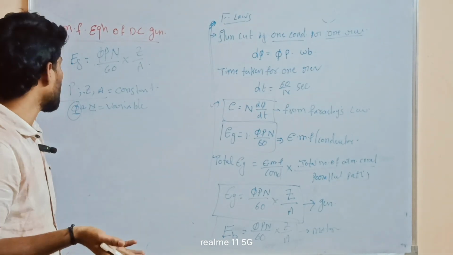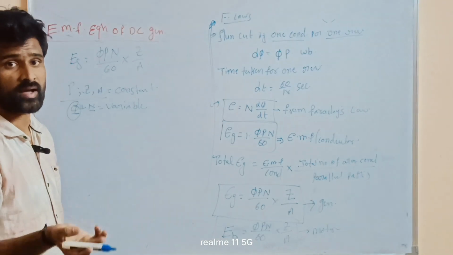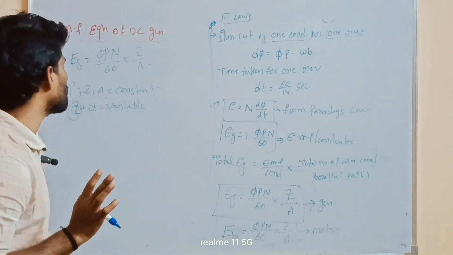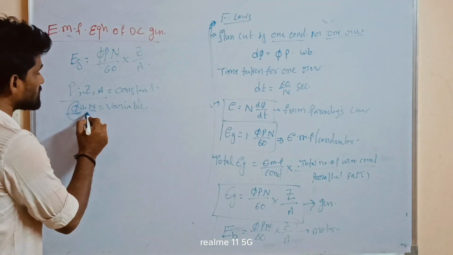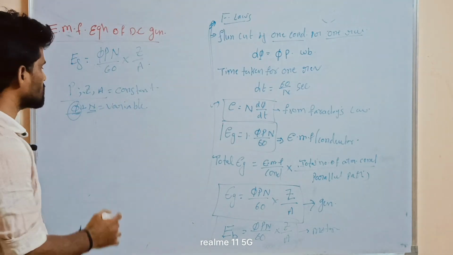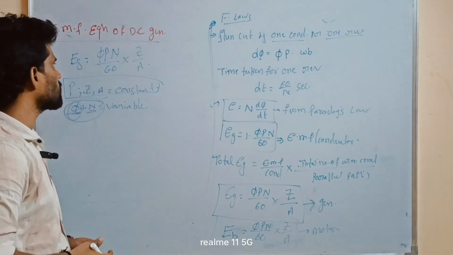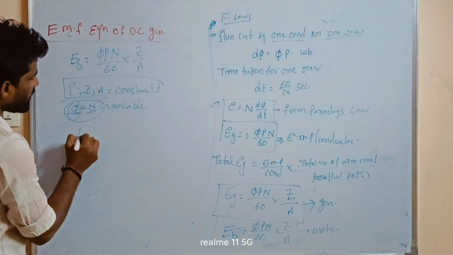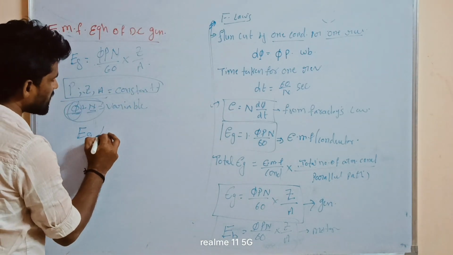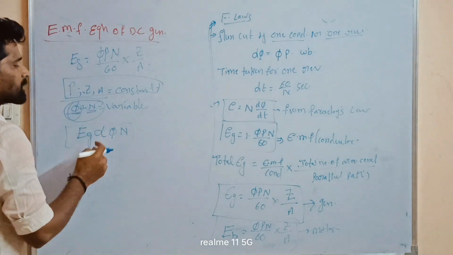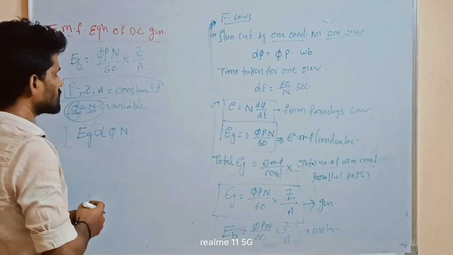At full load condition, the MNA is shifted by some angle, so the flux will vary. So finally, the flux changes and the speed changes. These two are the variable terms, and the remaining three are constant. Generally, Eg is directly proportional to Φ into N. So induced EMF always depends upon flux into speed.